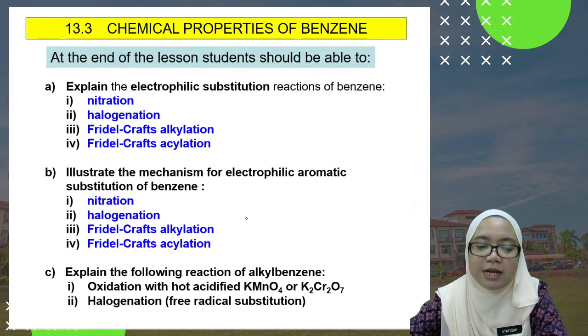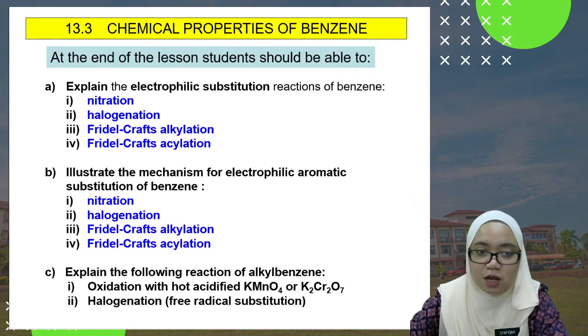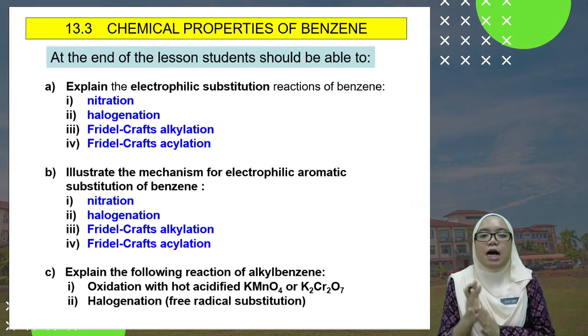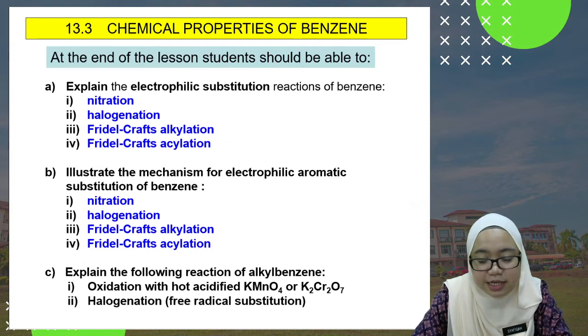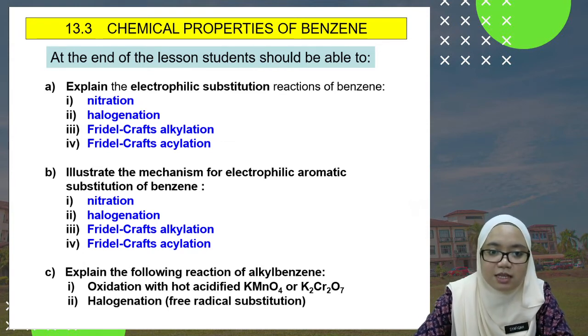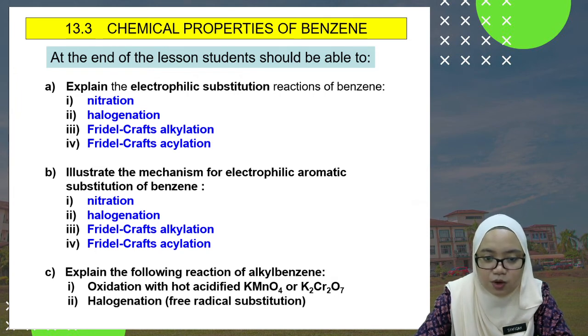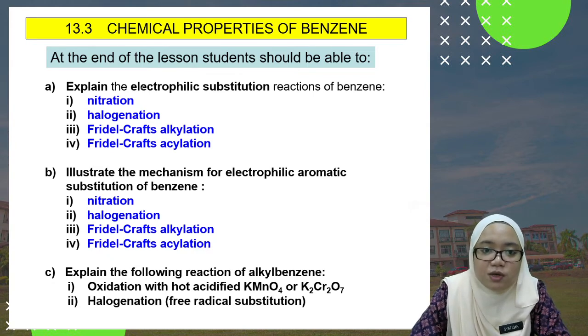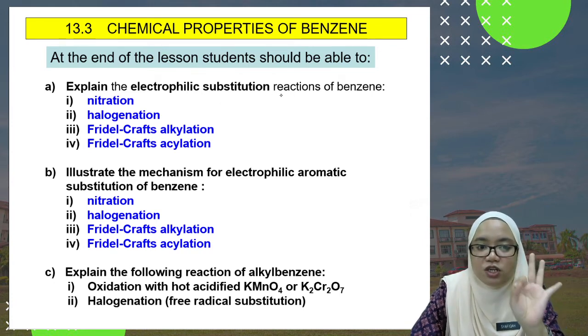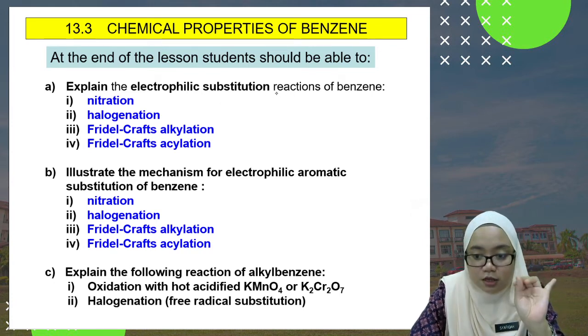Kita akan pergi kepada chemical properties of benzene pula. So kita ada dua jenis reaction dalam benzene yang kita akan belajar. So first is electrophilic substitution and second one is yang bawah tu, oxidation dengan halogenation. Okay, first kita akan tengok yang atas ni. So electrophilic substitution reaction of benzene ada 4: nitration, halogenation, Friedel-Crafts alkylation and Friedel-Crafts acylation.